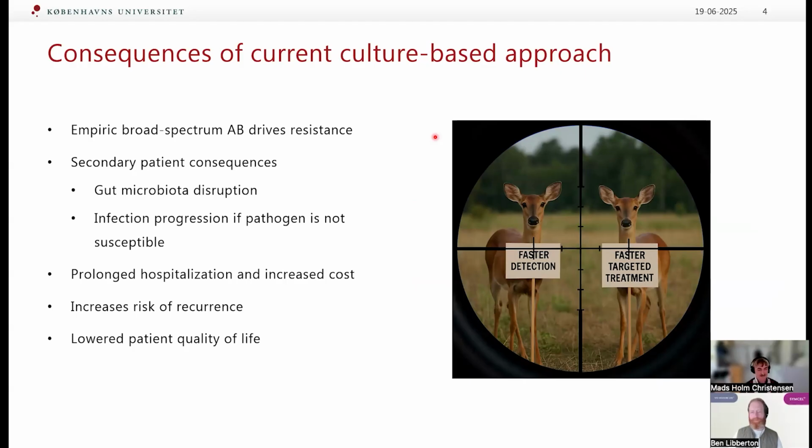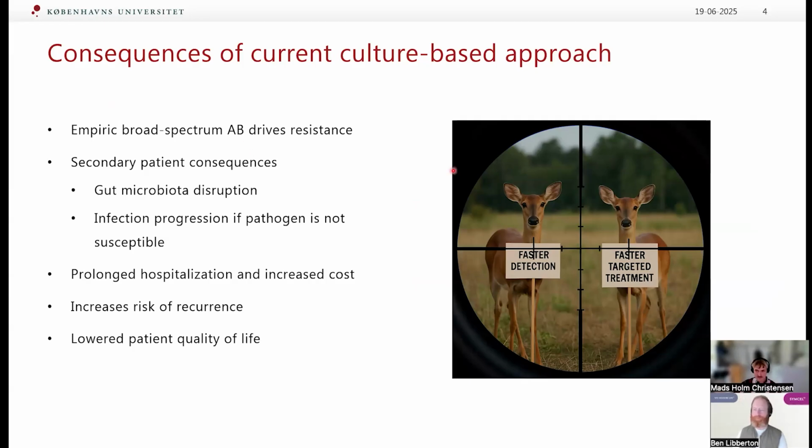And if this empiric treatment does not cover the actual bacteria from the infection, it can progress and it will result in a worse outcome for the patient. And of course, this also results in longer hospitalization times and increased costs for the healthcare systems. And if the empiric treatment is not effective, there's an increased risk of recurrence of the infection as well.